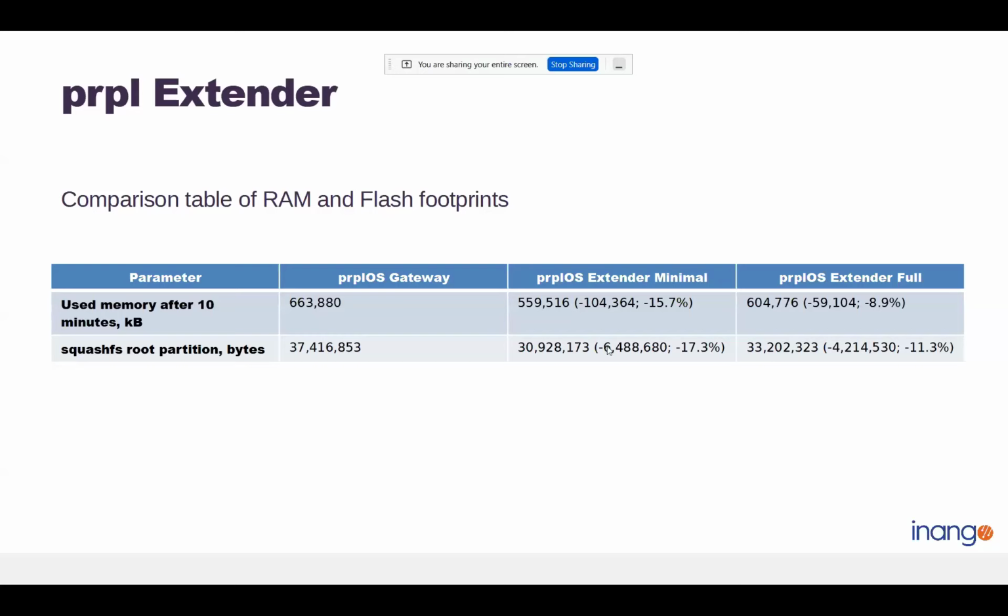This is about 17% less. The extender full profile still uses less memory and flash footprint than the gateway, but it's somewhat bigger than the minimal extender profile.